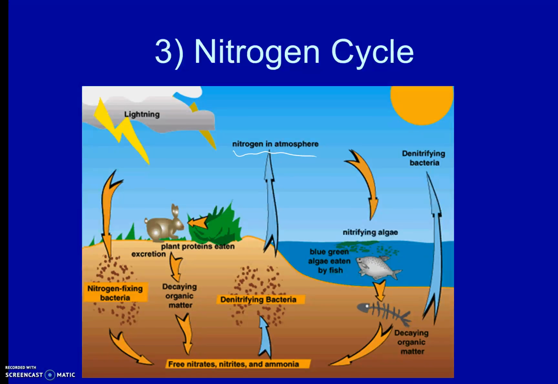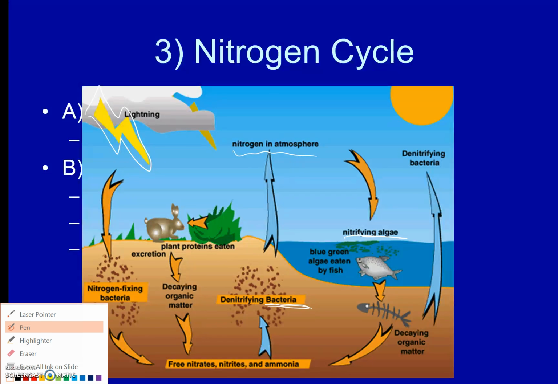And when you are trying to identify if a diagram is the nitrogen cycle, a couple of things you want to look for are the lightning strikes, and you want to look for things like bacteria and algae. You can say that the bacteria says denitrifying bacteria, and the algae says nitrifying algae. Okay, those go along with how the process of getting nitrogen into a usable form works.